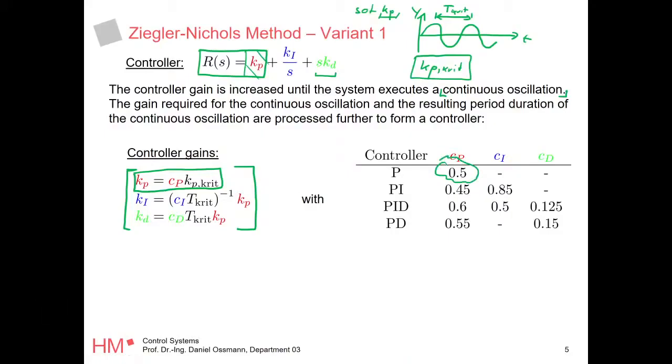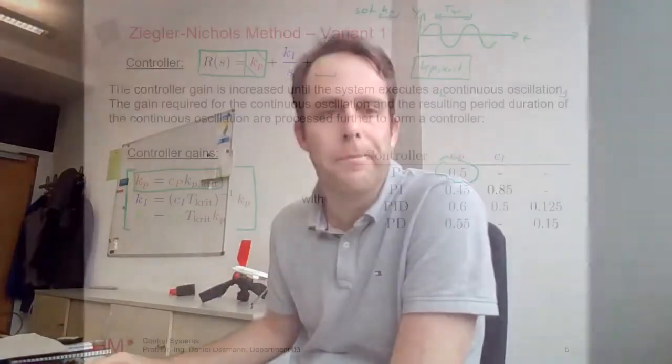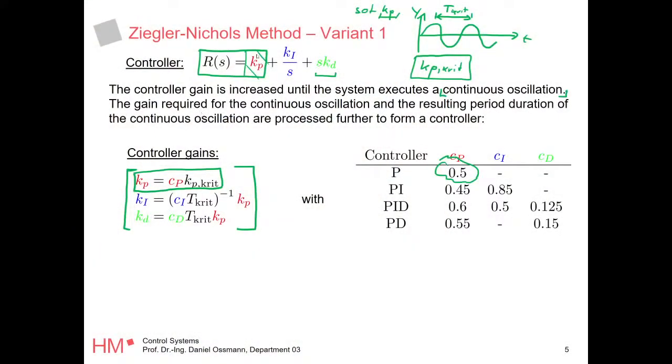What that simply means, or what the table says, is do the experiment, figure out what the gain is where your system gets unstable, and take 50% of this gain, and this is your proportional controller. Simply. Okay. If you decide to go for a PI controller, you don't take 50%, you only take 45%.